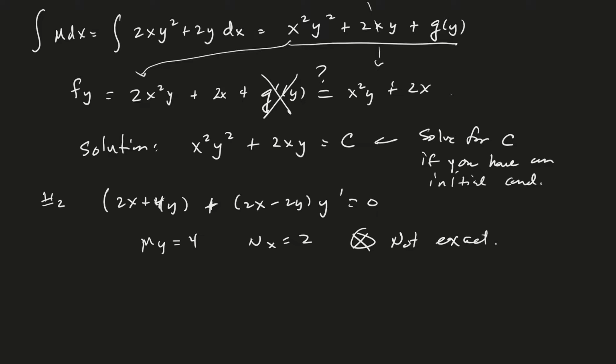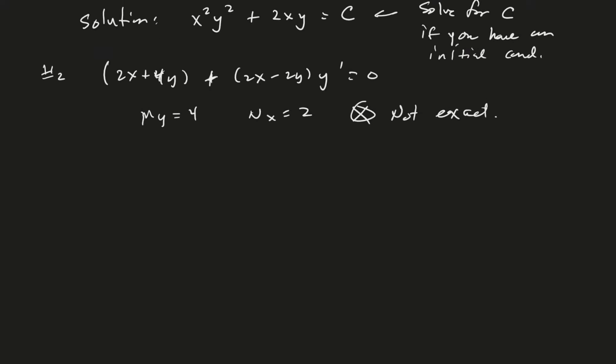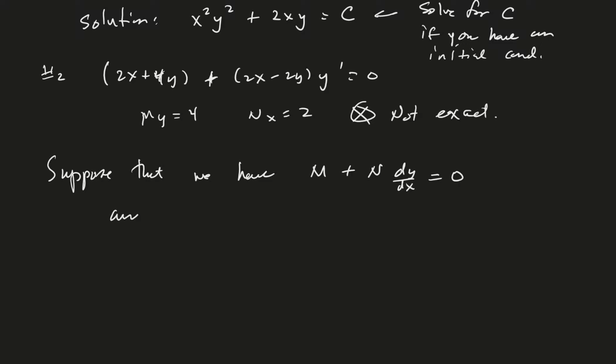Now I wanted to make a point here. Suppose that we have M plus N dy over dx equals 0, and it is currently not exact.